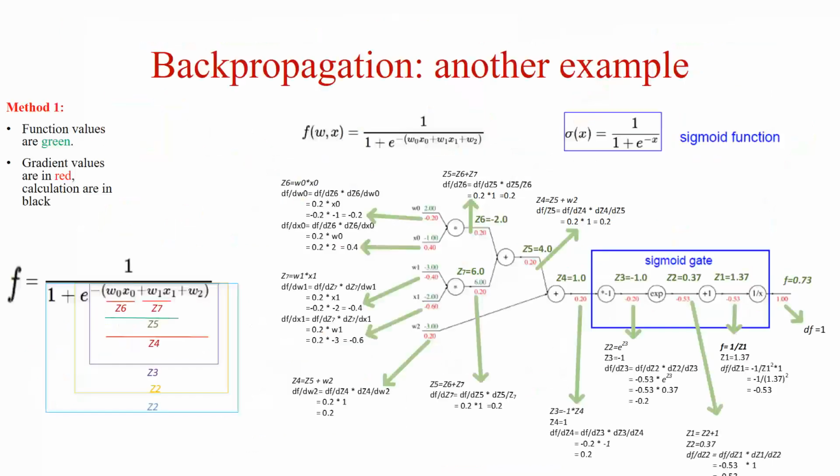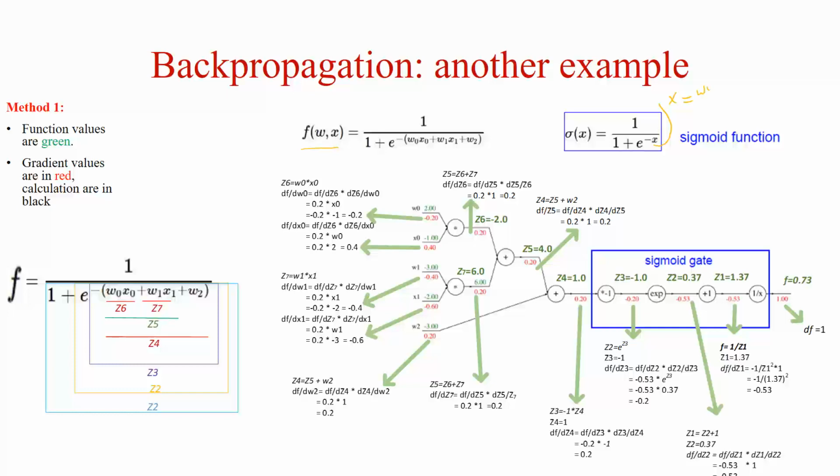Okay, let's take an example here. It's a little bit involved. Here's a function, and it implements the sigmoid function, but instead of one variable, the x here is really multiple variables.